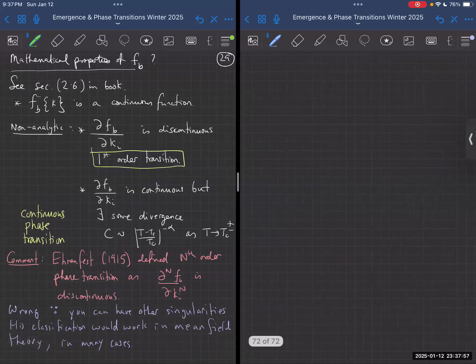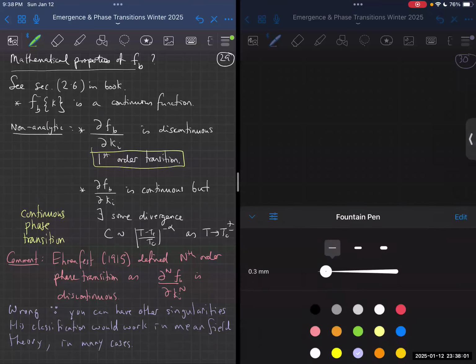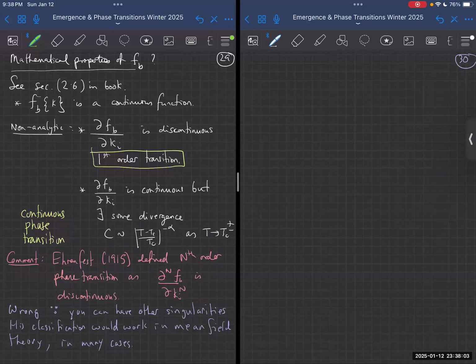So let's now talk about the specific properties of the Ising model itself. So here is our Ising model.